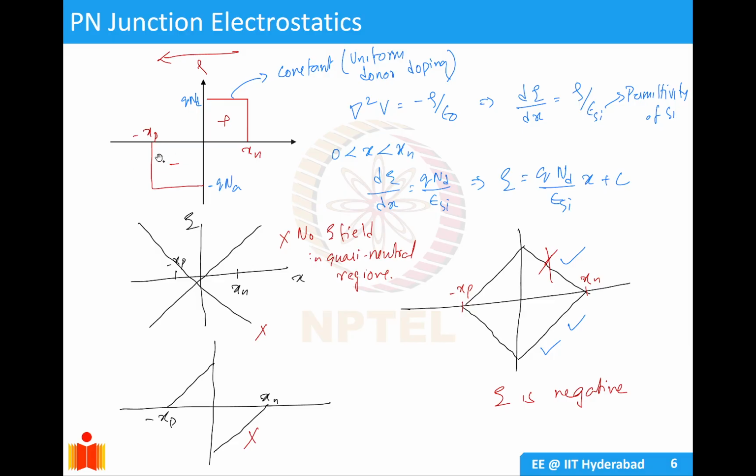So the charges here are equal to the charges here. This is Na xp and this is Nd xn, so the area of this equals the area of this. That means the total number of charges in this region is equal to the total number of charges in this region, which should be the case for charge neutrality.